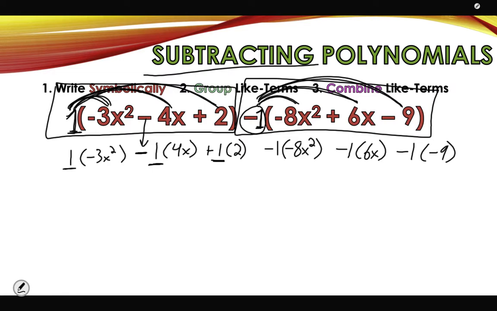So whereas before I got to just keep the same sign as before for all of these, I don't get to do that anymore, because now it's negative times negative. That's actually going to give me a positive. And then negative times positive, well, that's going to give me a negative. So each of these signs here is actually going to end up getting switched around.